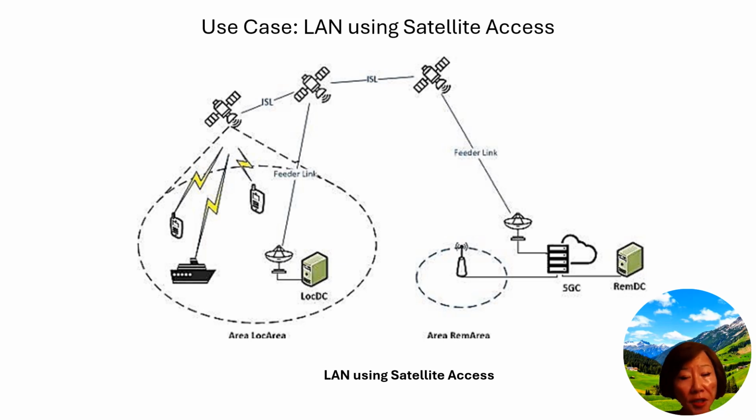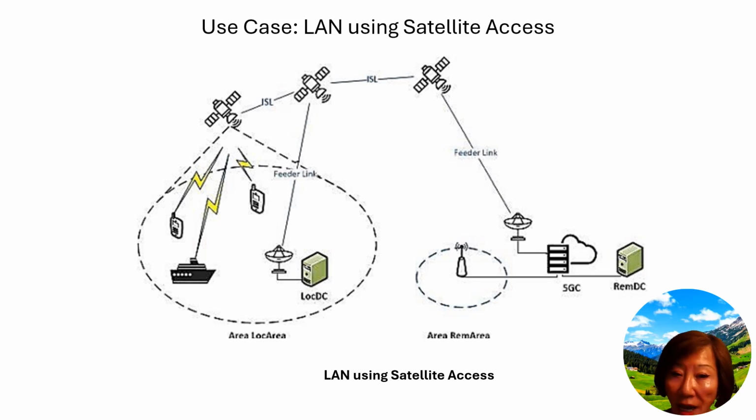The local scientific research station, LOC DC, supports data analytics and research in the remote area. The RAM DC, the Remote Scientific Data Center in RAM area, serves as a terrestrial operator, supports further data analytics, and retrieves all data and research results from the LOC data center at fixed times.